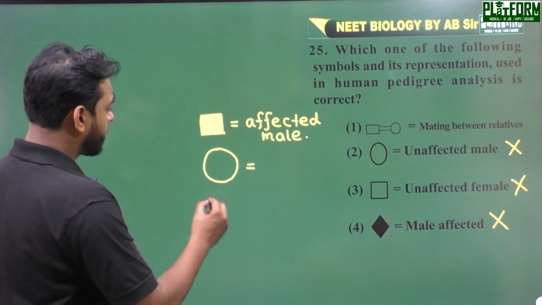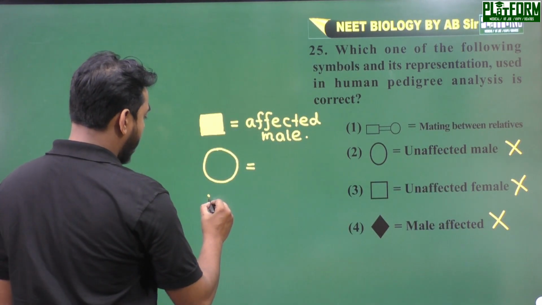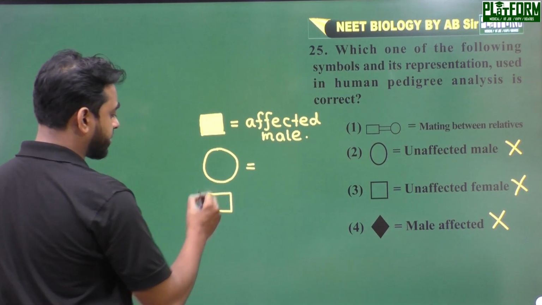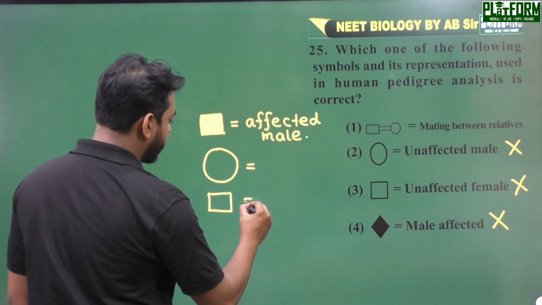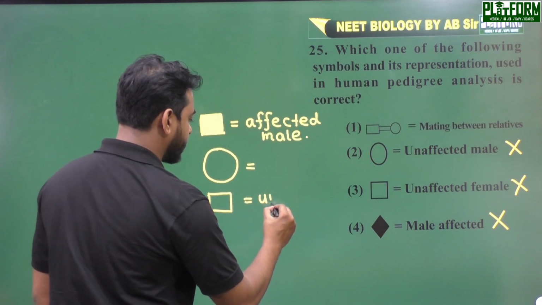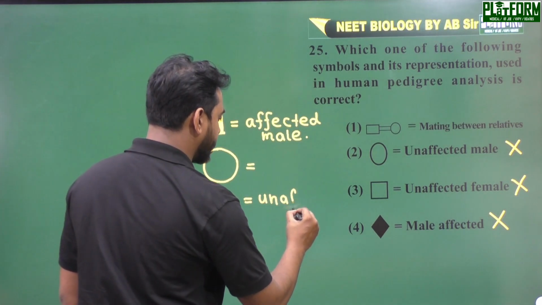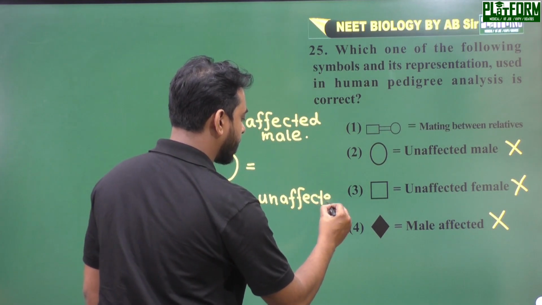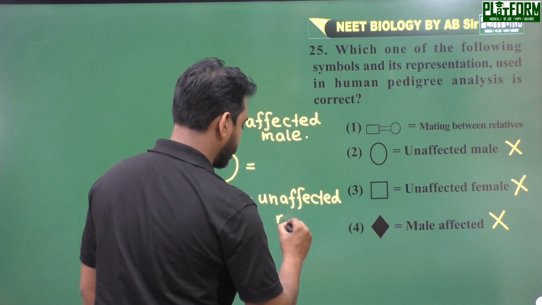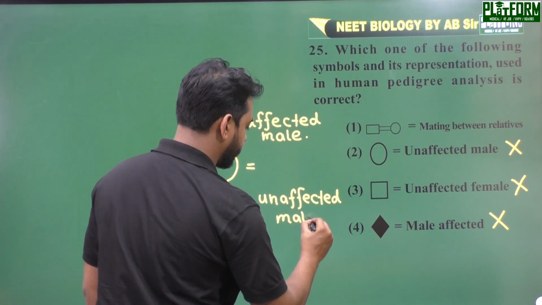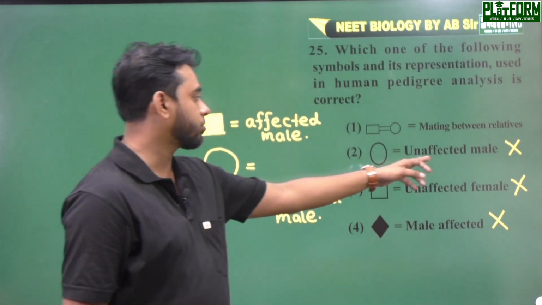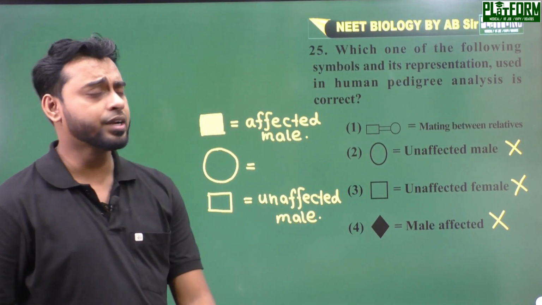We know that the unaffected male is designated as a square. Square means the male, and without any shade, that means this one is an unaffected male. Unaffected male. So this one is also the incorrect answer.